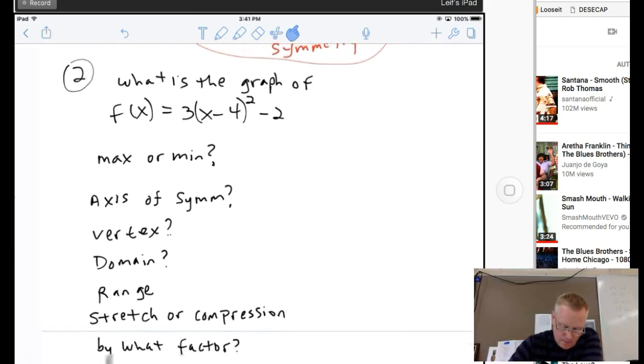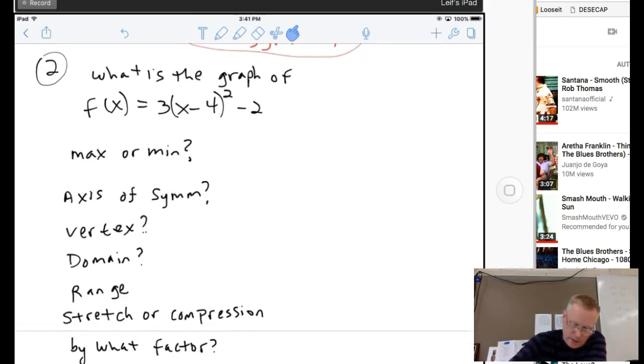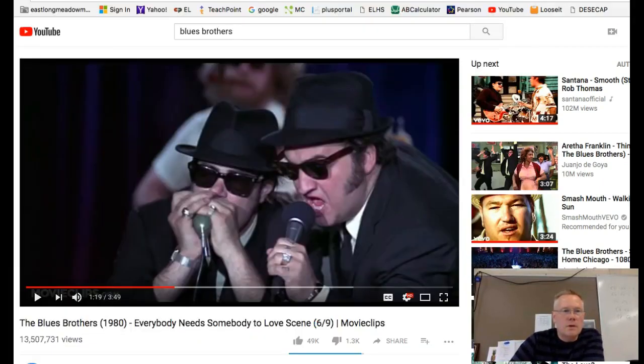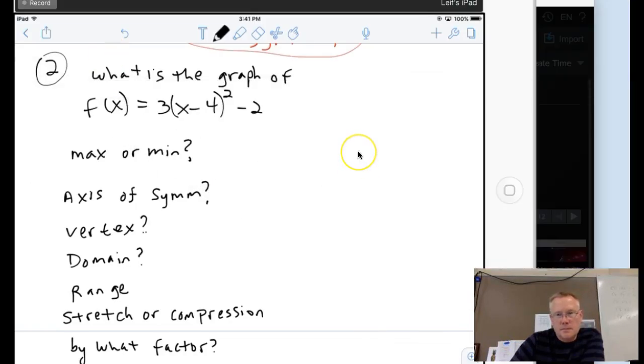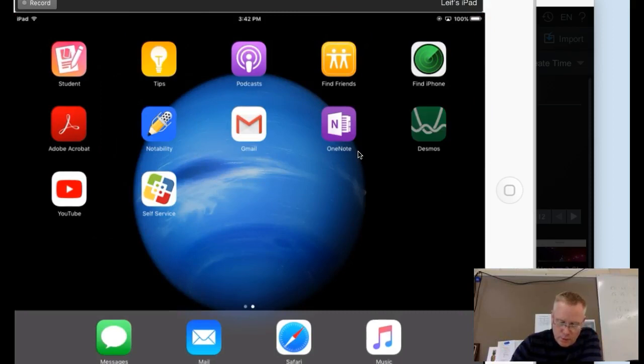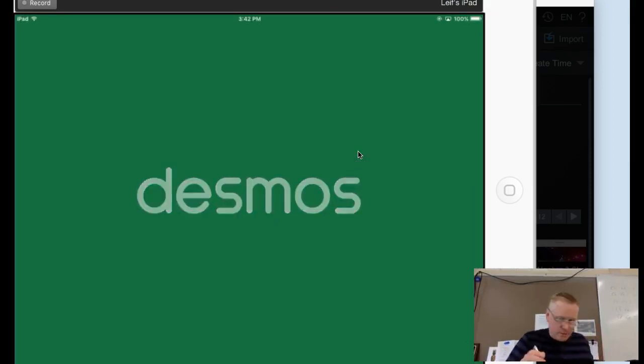Okay. So I can actually answer all of these without graphing it. However, I'm going to take a moment and graph it anyway. Let me go over here to my favorite online free graphing calculator called Desmos, because sometimes it's helpful to just get a visual on this, especially when we start talking about domain and range.